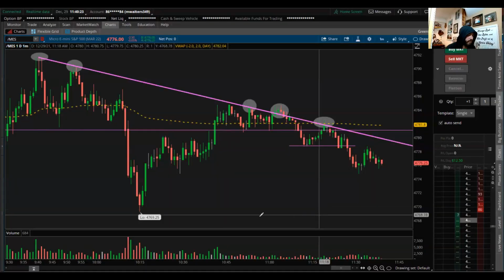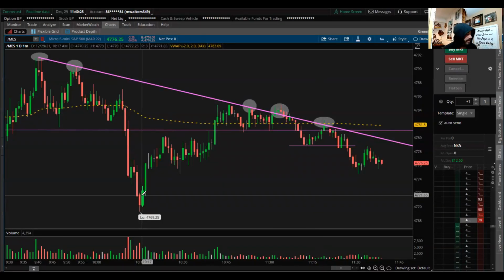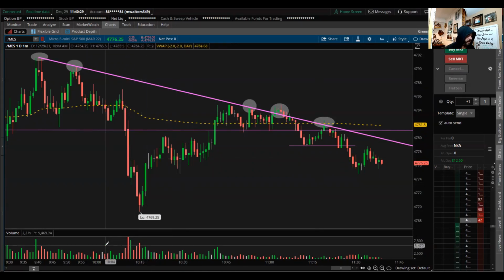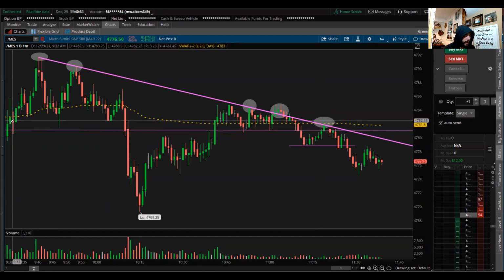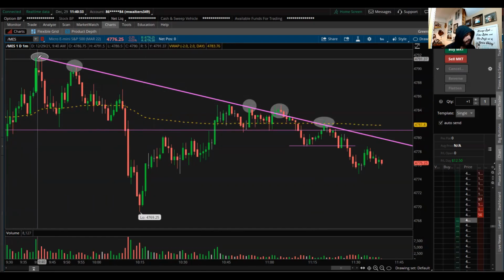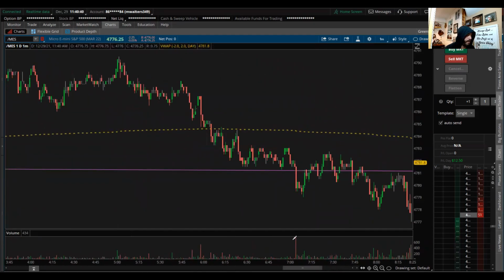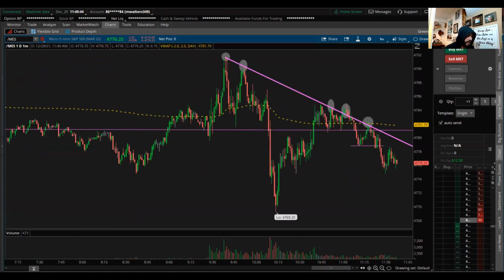I'm going to share my screen with you guys here in a second. So this is the S&P 500, and this is the futures. Starting at 9:30 in the morning, we saw a rip up to previous highs, right back here, that happened in the pre-market session, and we rejected.